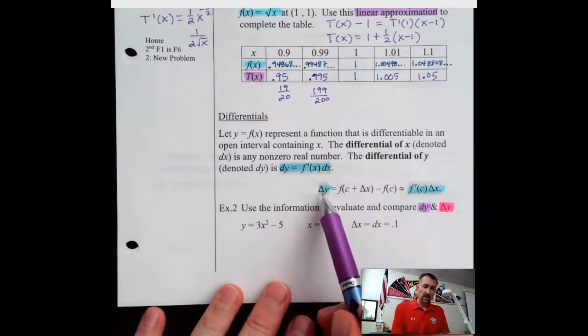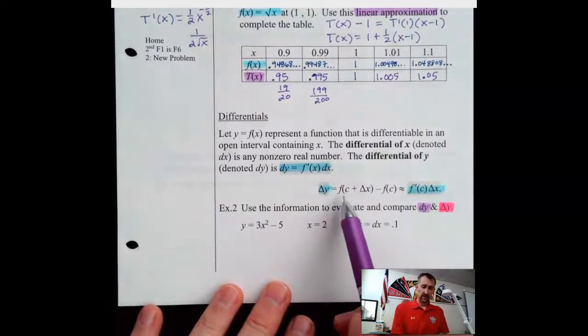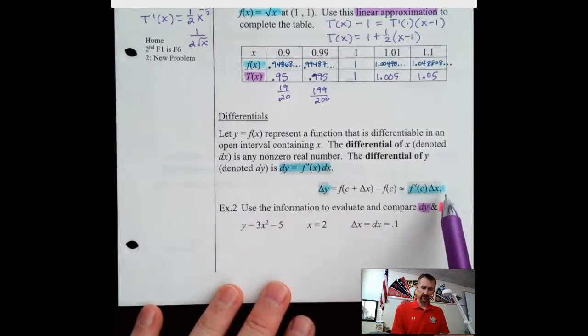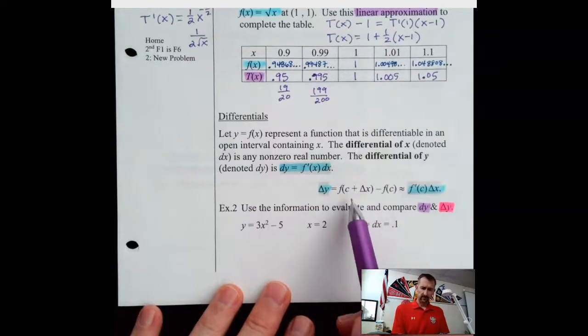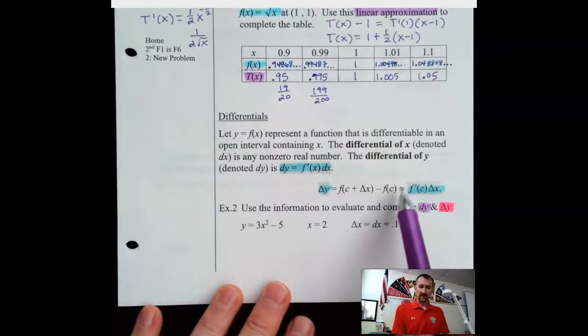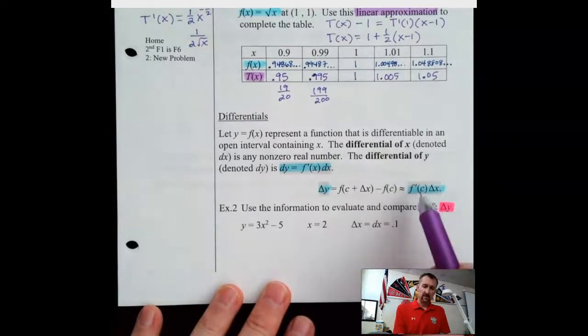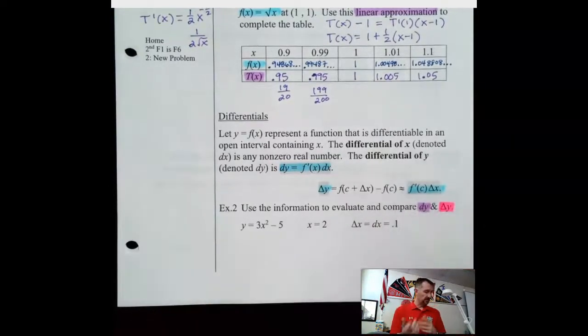And delta y, the change in y, can be approximated by this value here. So it's just easier to look at what that is.